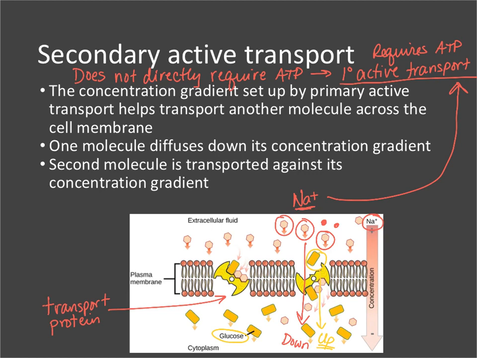So just to recap, for secondary active transport, ATP is not directly needed. Something gets transported down its concentration gradient, but it was originally transported up its concentration gradient during our primary active transport.